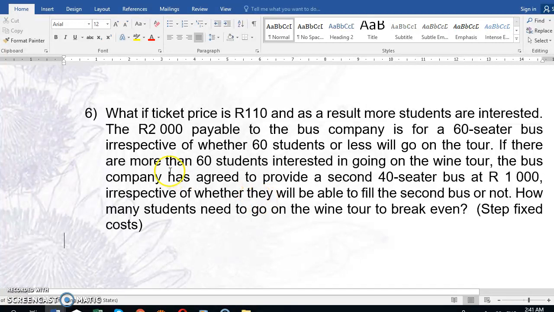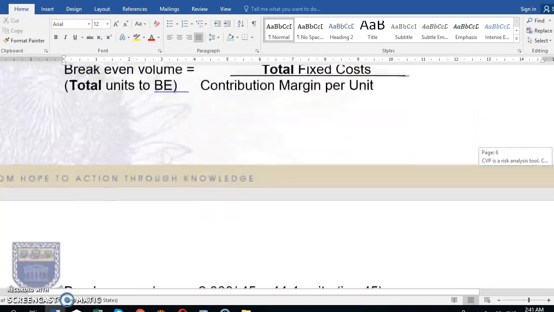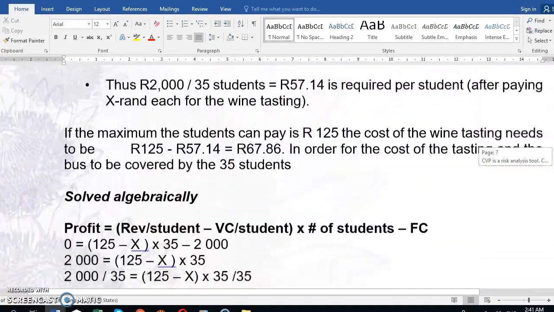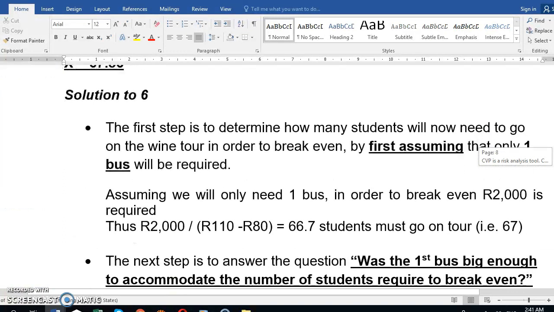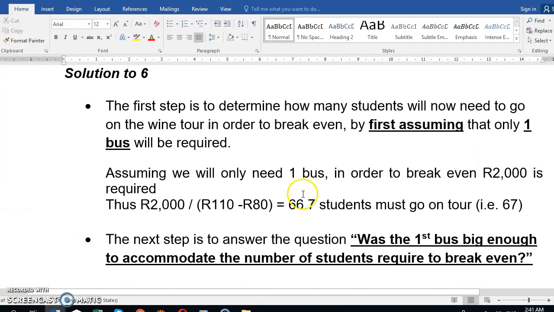The solution to all these is in your notes. I'm going to just jump to the solution just because it's nicely explained. In the solution, the first step is to determine how many students will need to go on the tour in order to break even, but first assuming that only 1 bus will be required. If we apply the formula method, and you can apply the equation method as well, but just to make it faster, the formula method is essentially fixed cost divided by contribution margin per unit.